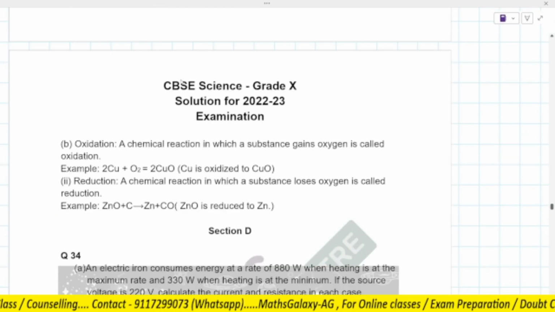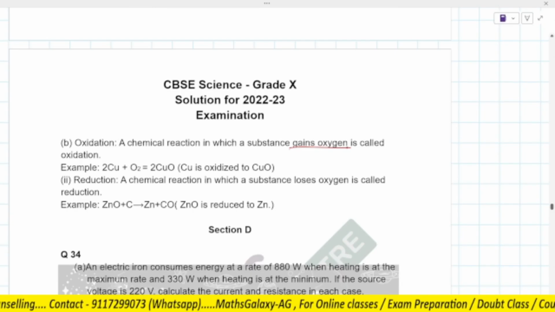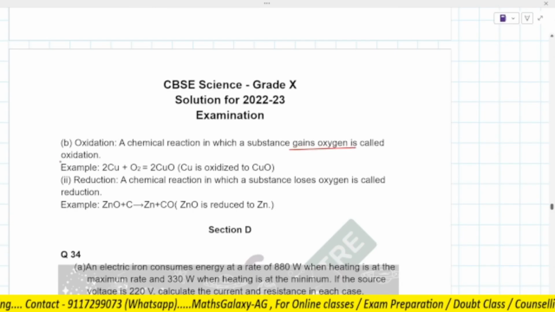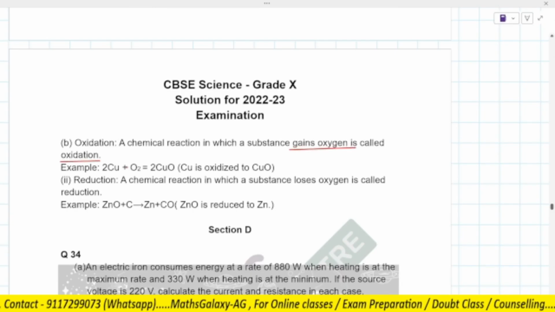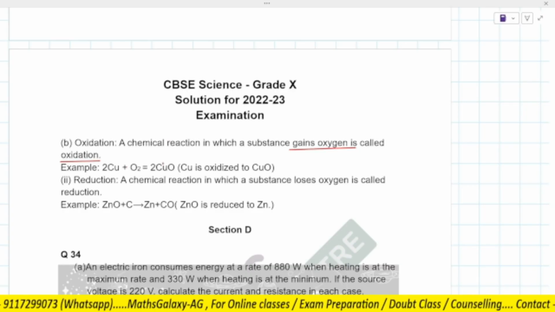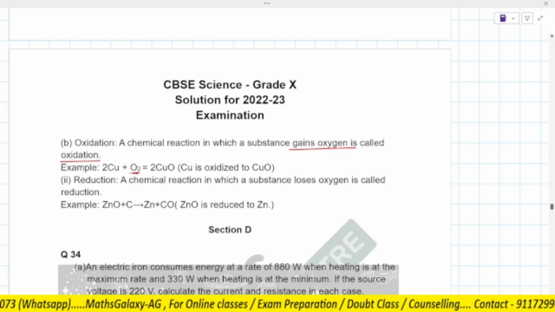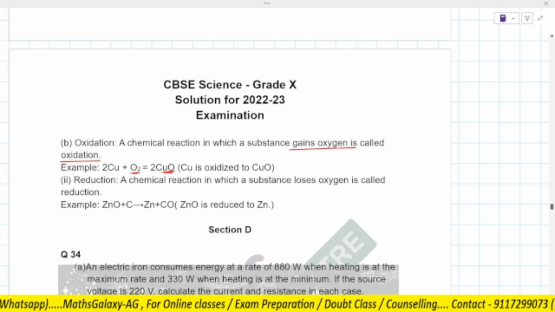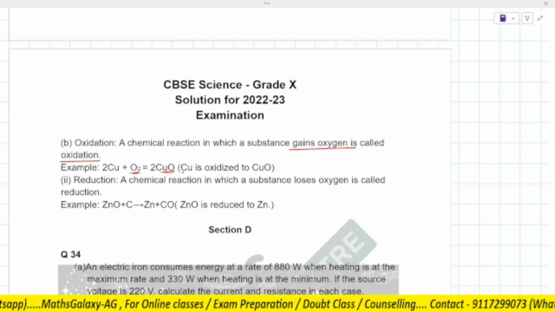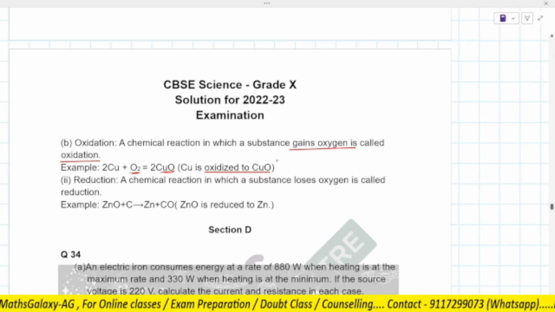Very good. So a chemical reaction in which a substance gains oxygen is known as oxidation, and that substance is known as the reducing agent. So 2Cu plus O2: as you can see here, the gain of oxygen is oxidation. Cu is oxidized to CuO, right?